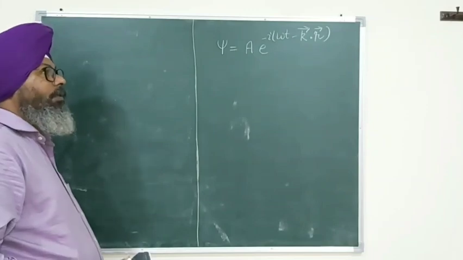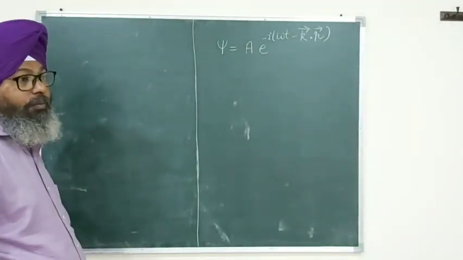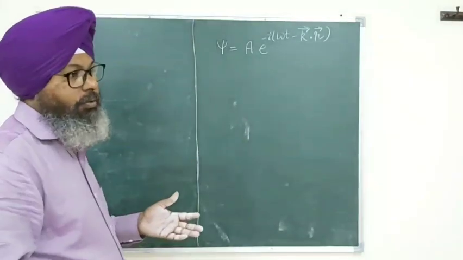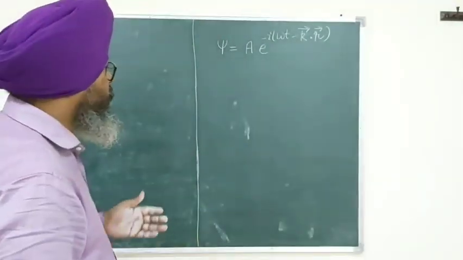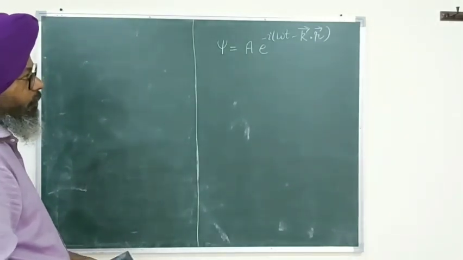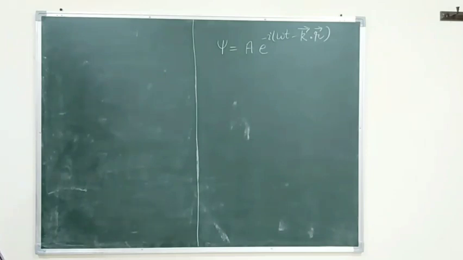Means the eigenvalue equation will be formed subject to the condition that A will be suitably chosen so that the eigenvalue equation is applicable. So let us say this is a standard wave function for me. Here omega is the angular frequency of the wave packet and wave function, and this k is the propagation constant, r vector is the position at which the discussion is being made.